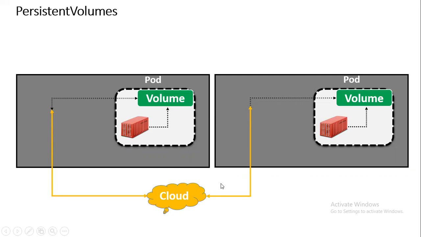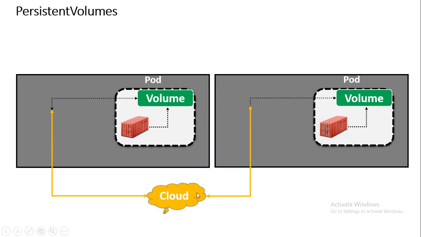So that way, in Kubernetes, when we are creating a persistent volume, you can create a volume which can be on a cloud which is outside your cluster, and allow the pods in the cluster to access the volume which is on the cloud.